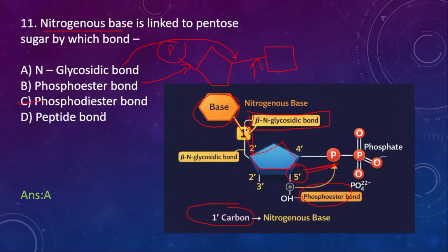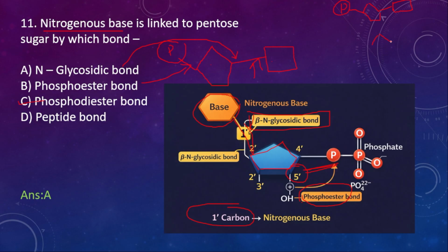If I say phosphodiester, what is phosphodiester? Likewise, if I am drawing one more nucleotide, let me draw here. This is one pentose sugar binding with a nitrogenous base with N-glycosidic bond, and there will be a phosphate group, isn't it? This is one nucleotide.